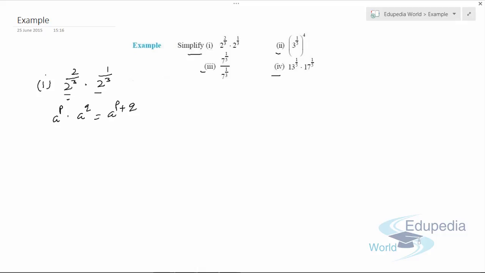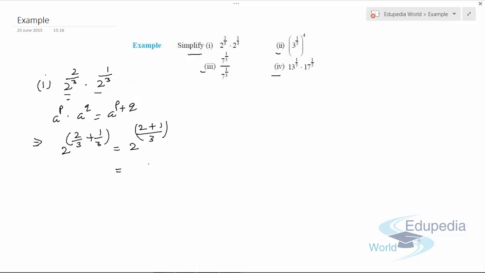Because we have same base and they are getting multiplied, so we can add the powers. So it can be written as 2 raised to power 2 by 3 plus 1 by 3. So we can solve further. We can take LCM of the powers. LCM will be 3, so it will be 2 plus 1.